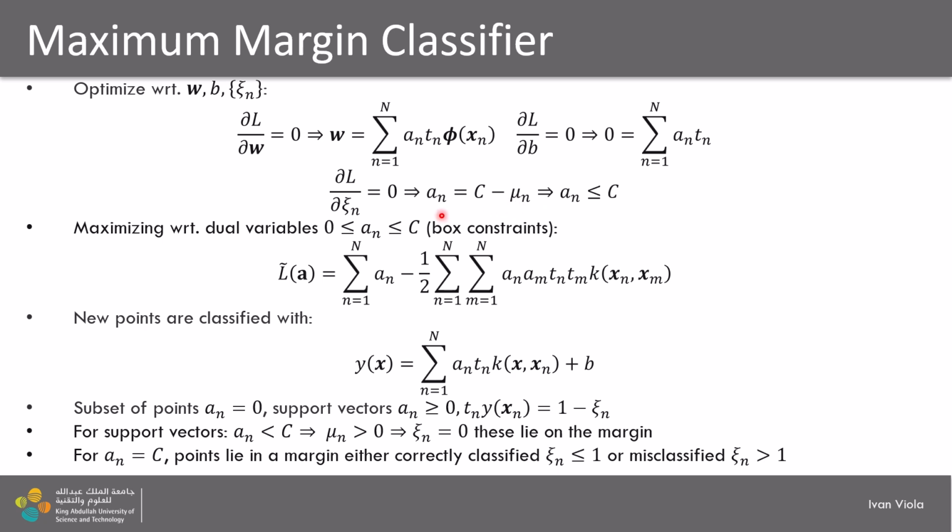So if we put the an on the other side where there was previously 0, an is equal to c minus mu n.